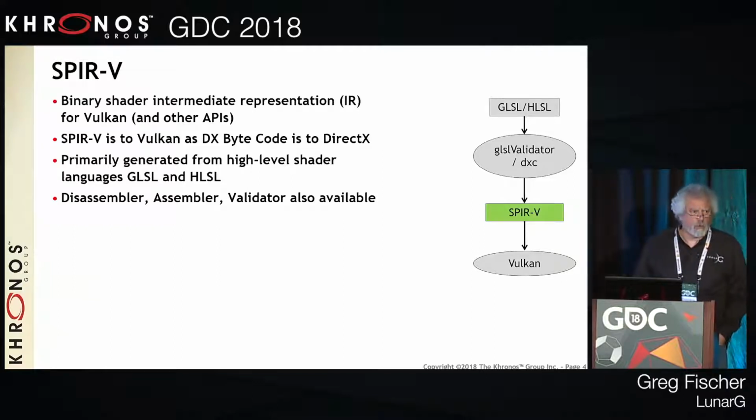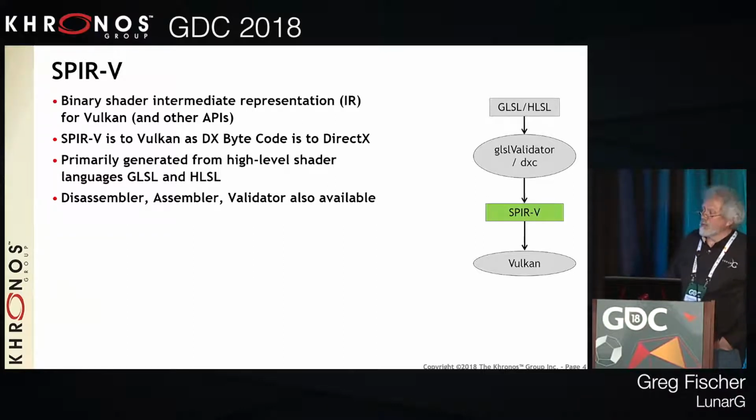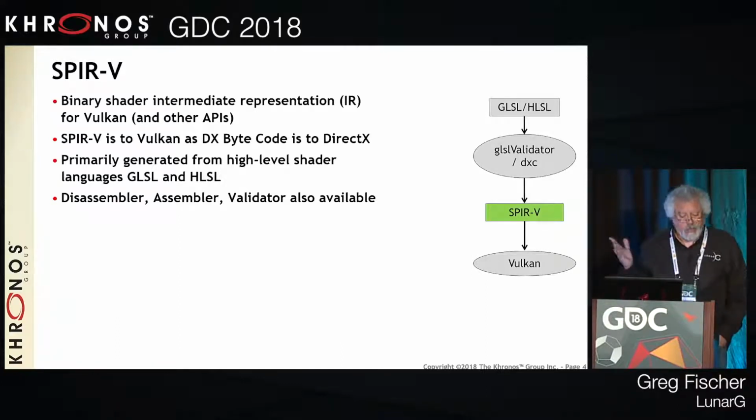That front end has been around for a while and has just recently been adapted to parse HLSL as well, and that generates SPIR-V. And then, kind of new on the scene, the DXC front end. It's a Microsoft front end for HLSL that's been recently fitted for SPIR-V. SPIR-V also has a disassembler and assembler, so you can disassemble, edit, and reassemble if you wish. It has a validator to make sure you didn't make any mistakes when you did edit it.